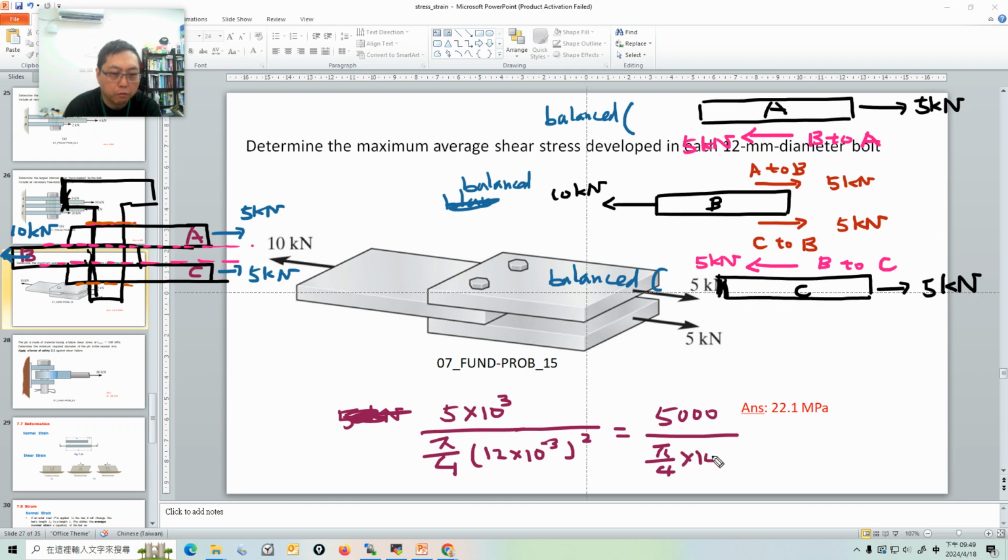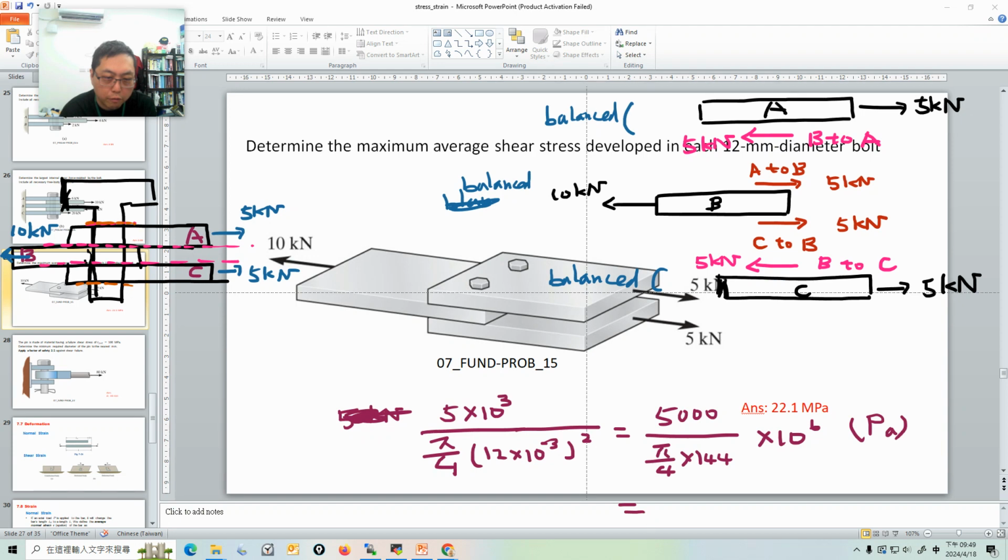So 5,000 divided by 144, divided by 3.14, and times 4.